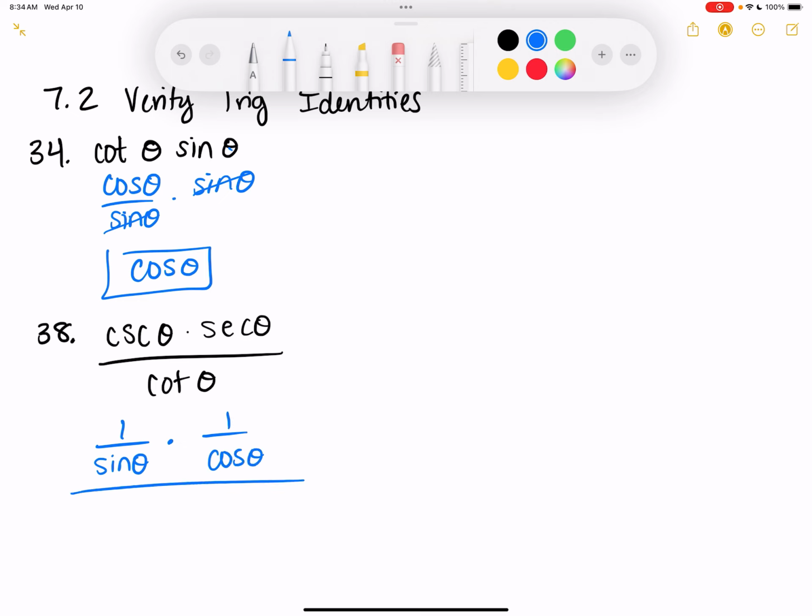And how can I rewrite cotangent? Maybe in terms of sine and cosine, since these top things are already in sine and cosine. Cosine theta over sine theta.